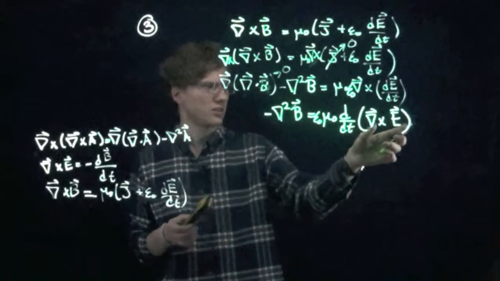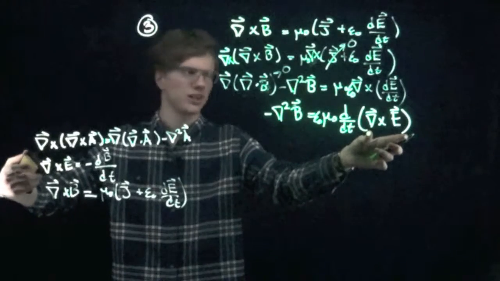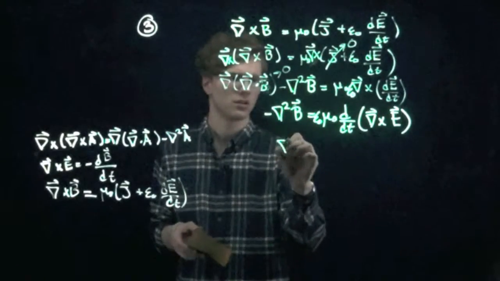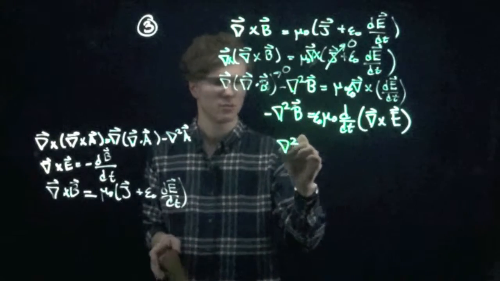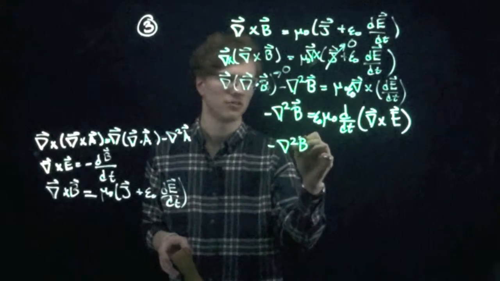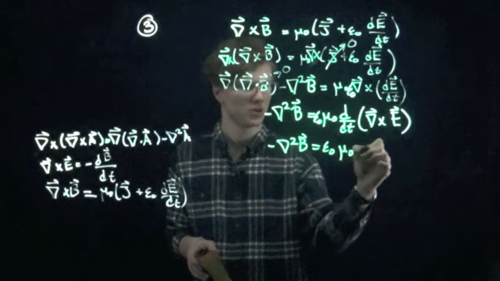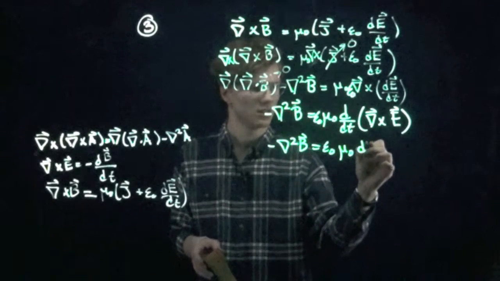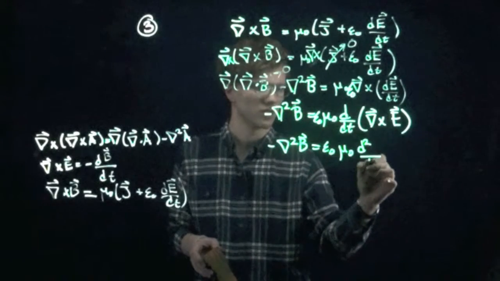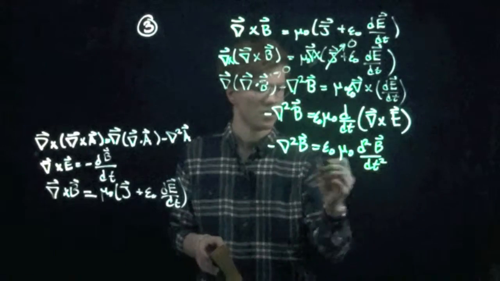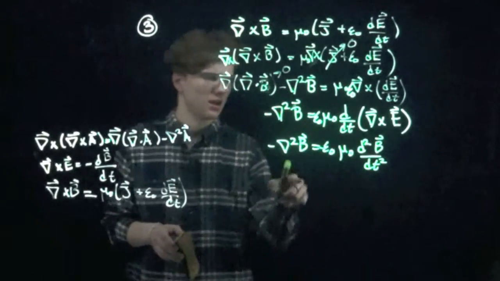And now we can see that this matches up with this Maxwell's equation here. So we can replace the curl of E with the negative time derivative of B. So then we get epsilon naught mu naught times d squared, since we've got the double time derivative of B, and we bring out the negative.